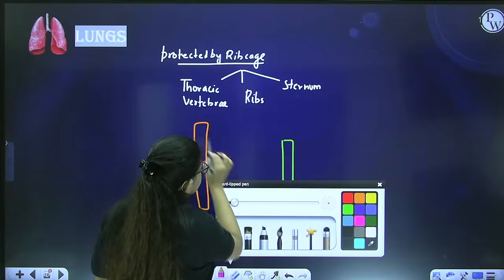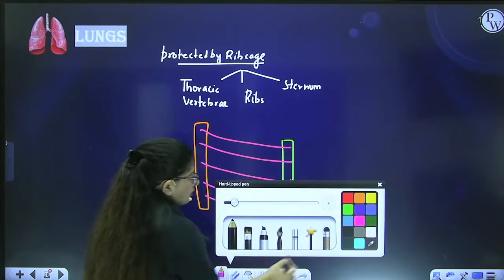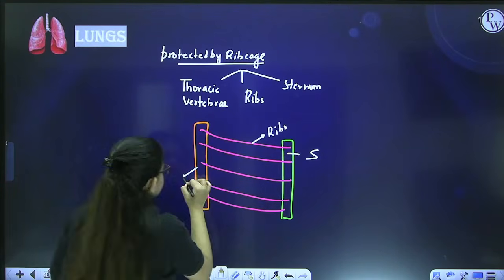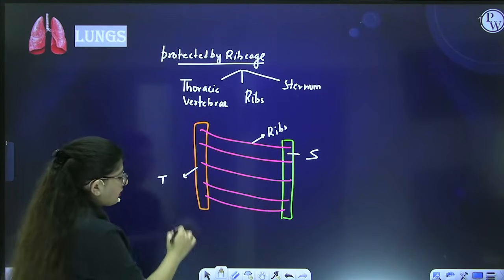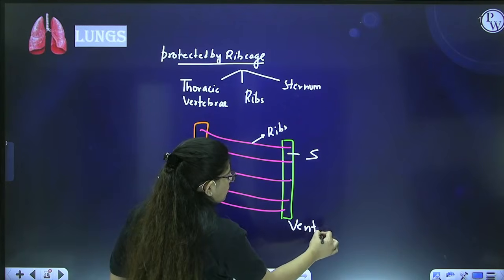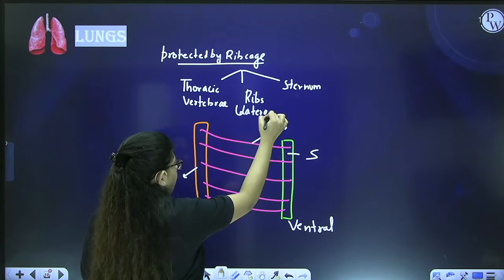The ribs are present laterally. This entire structure is your rib cage. This is the sternum, these are the ribs, and this is the thoracic vertebrae, on the dorsal side.